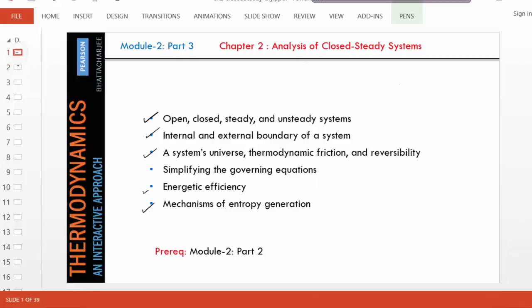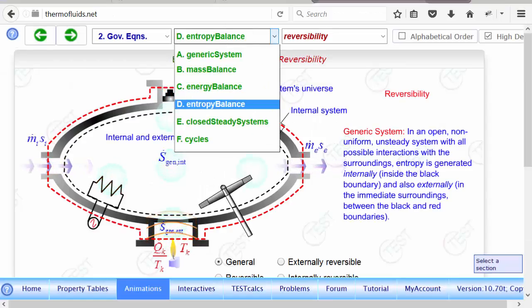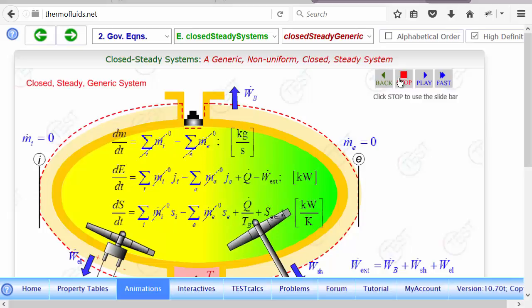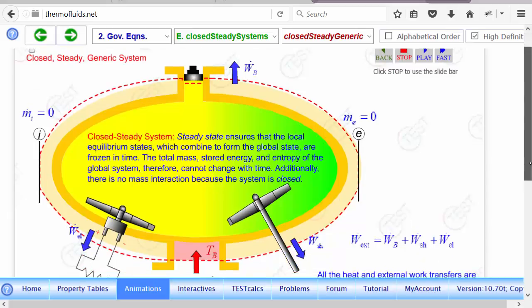Okay, now it's time for us to go and simplify the governing equations for our closed steady systems. So we go back to animations, closed steady systems, and let's start from the beginning of this animation that defines the system here.